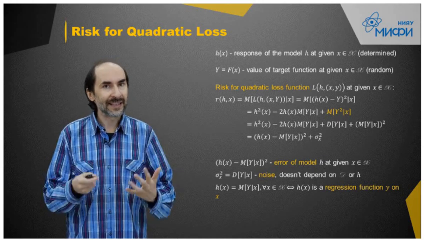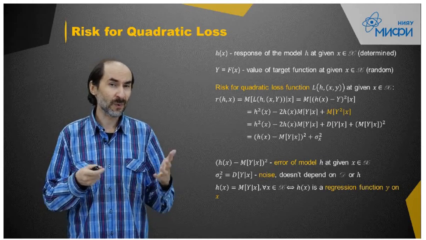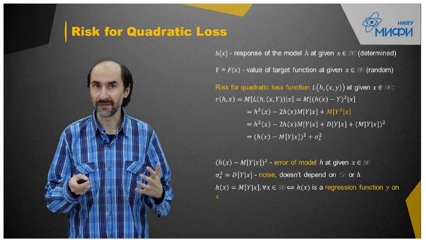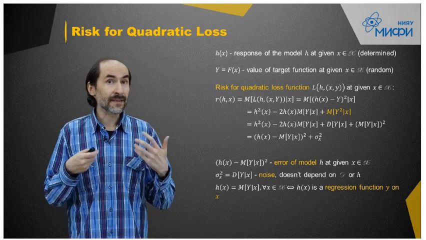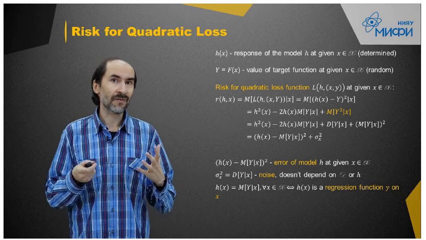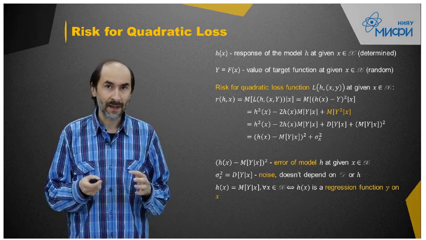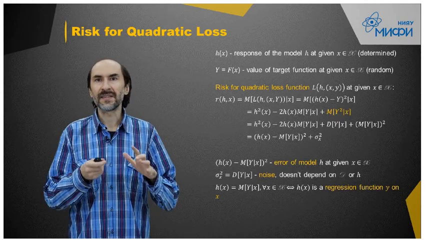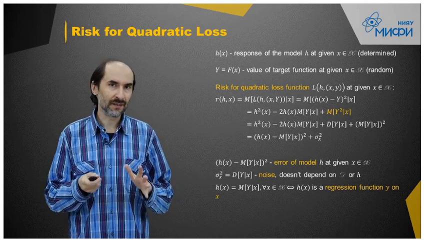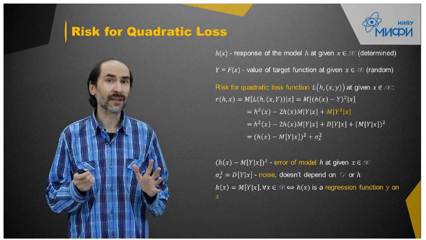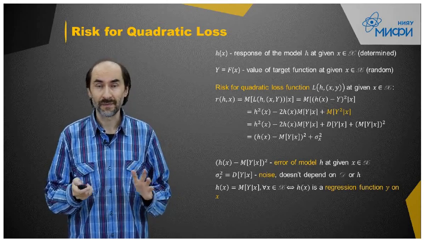When we train the machine learning models, we in fact want to model this regression function. And the second term is the conditional variance of the target variable for a given x. Its value is completely related to the mapping under modeling. We can't influence it and consider it as a noise.